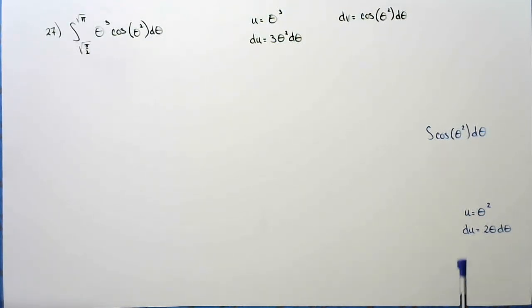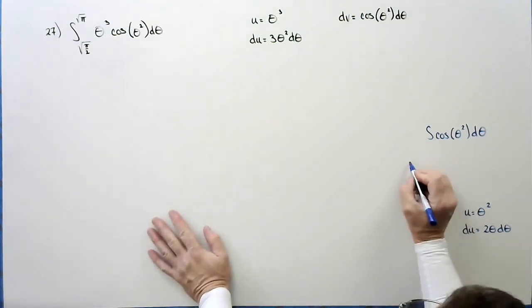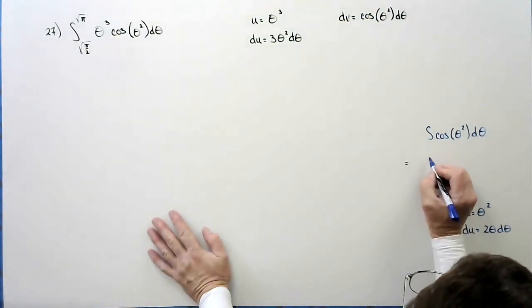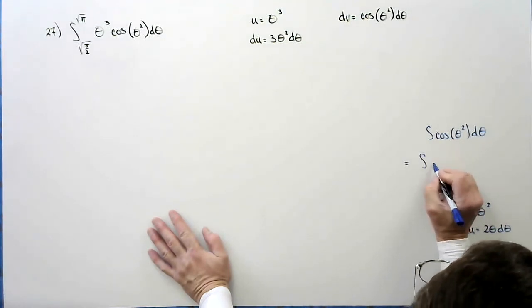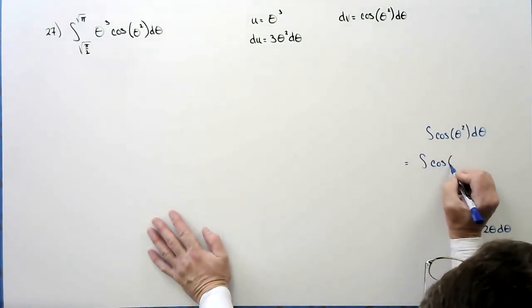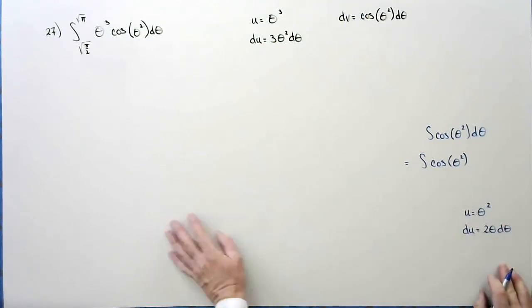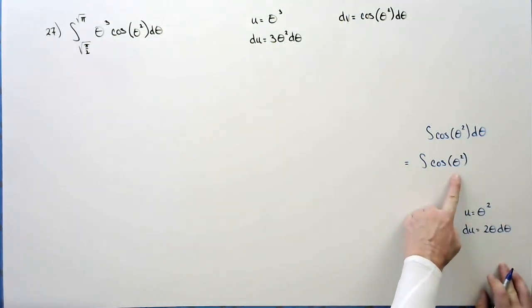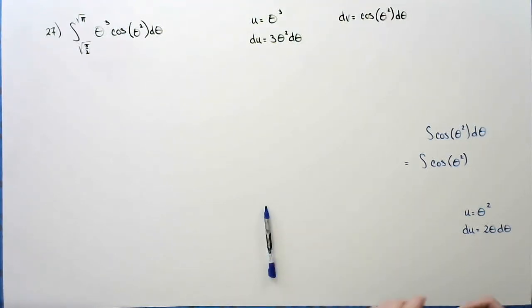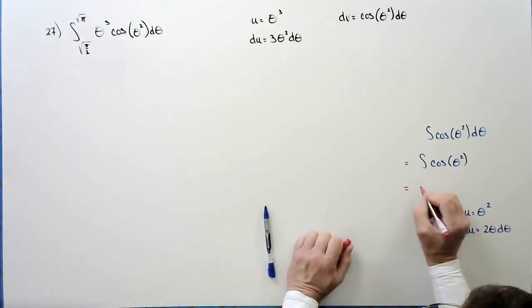So when we come back and try to do our u sub here, right? If this was a typical u sub problem like we worked on back in section 5.5, we would say, okay, this is equal to the integral of cosine theta squared, which we're going to call u.